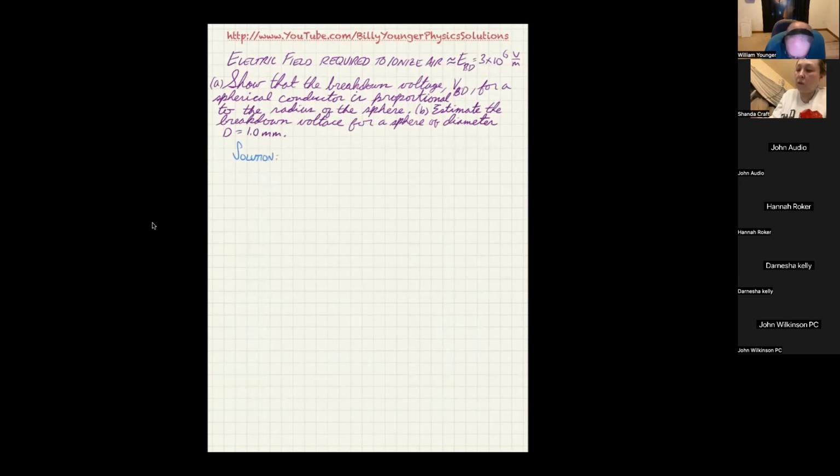So what I do know is that the voltage for a conducting sphere is equal to Q over 4 pi epsilon naught times R, the radius of the sphere. We also know that the electric field for that sphere is Q over 4 pi epsilon naught times R squared.